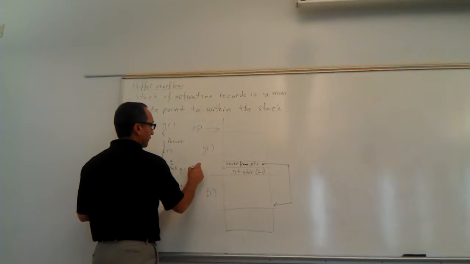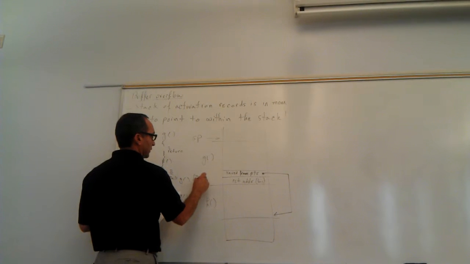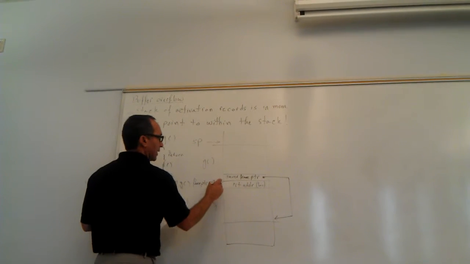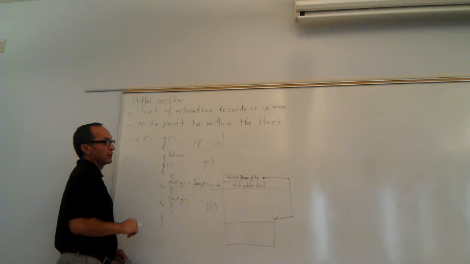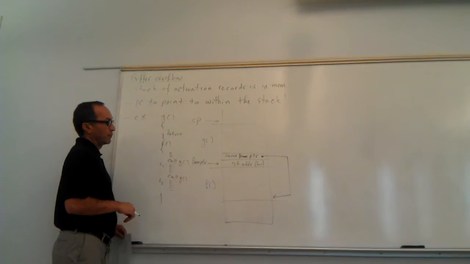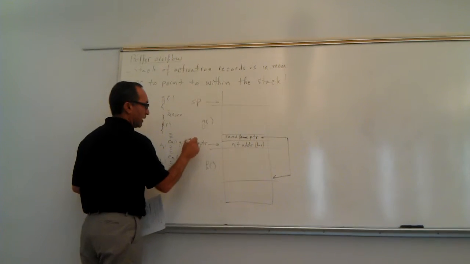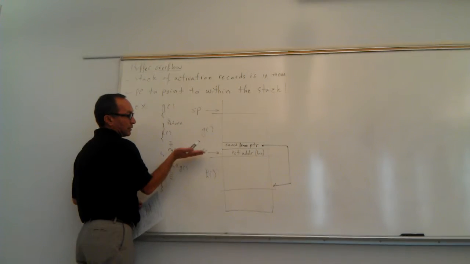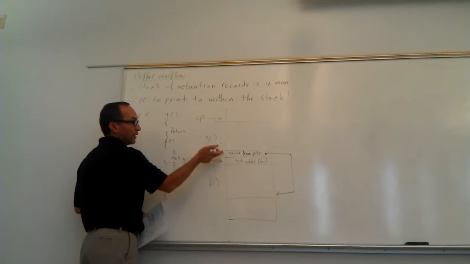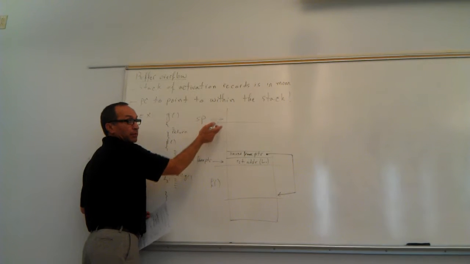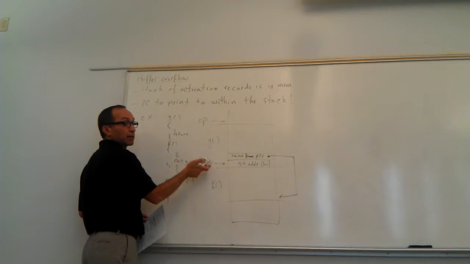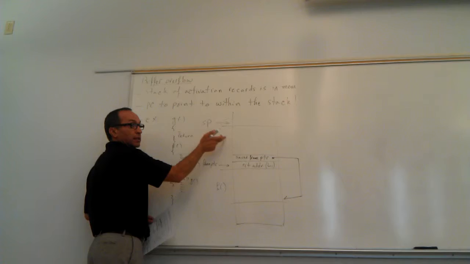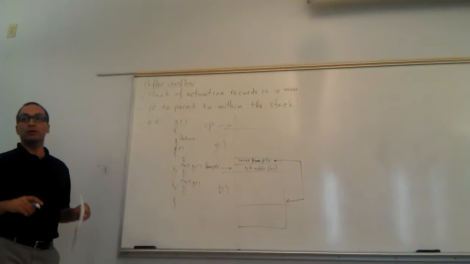And then there's also a frame pointer that points to the bottom of the stack, which we didn't have before, and this helps us locate everything else in here, because it's a displacement from here, everything that exists in the current activation record, right?